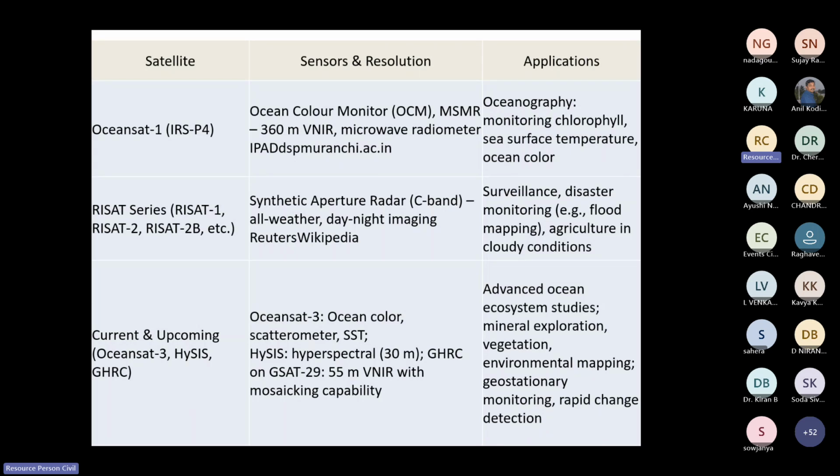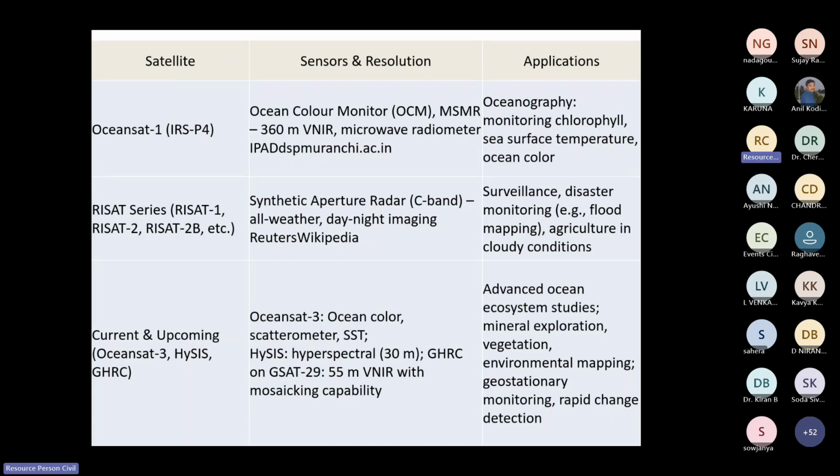We have C-band and L-band wavelengths available to us. It is mainly useful for flood mapping and agriculture. The beauty of the RISAT series is that with synthetic aperture radar, we can collect the data at any time. Even at night you can collect information about the earth.